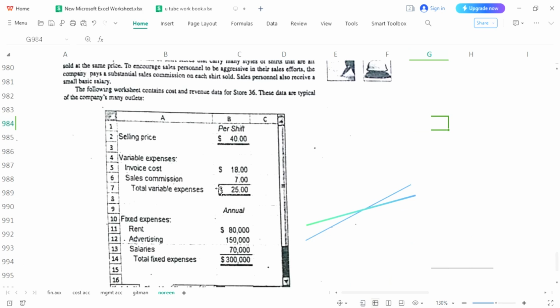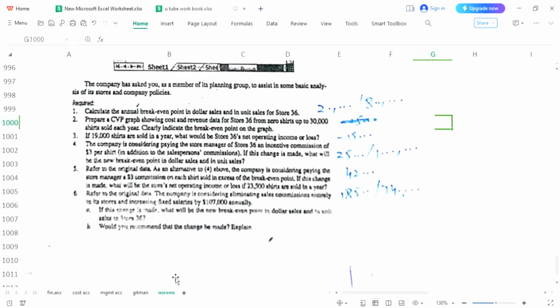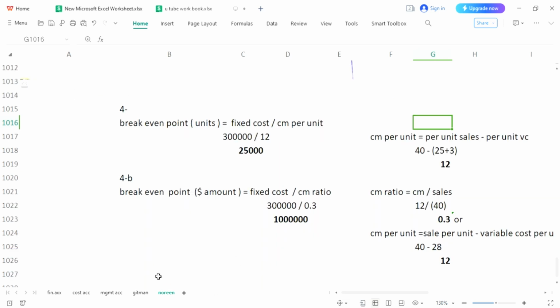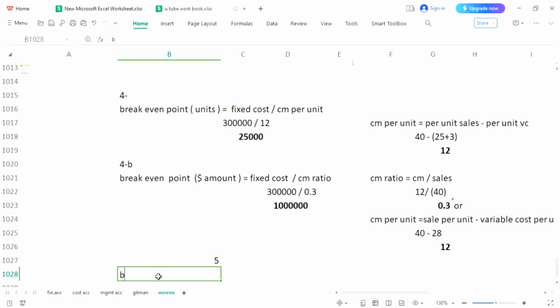Okay, come down. So we need to calculate our break even point, and that is fifth. We need to calculate break even point again, but in what terms is he asking?